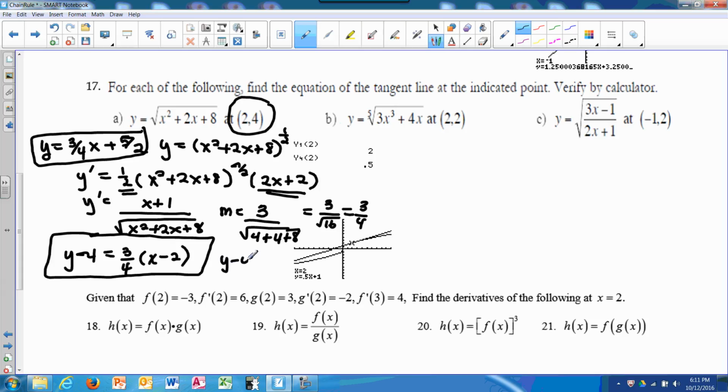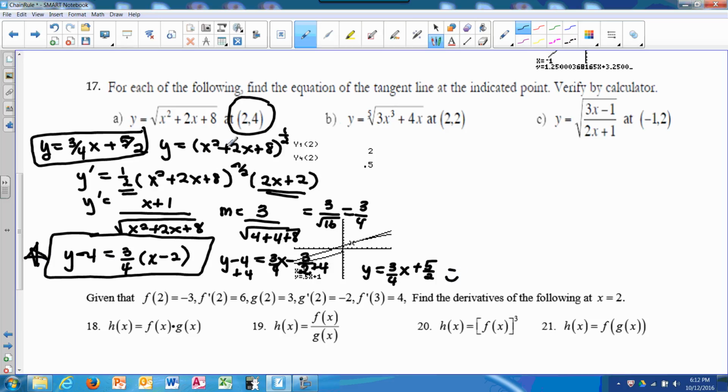So if I were to write my tangent line, y minus 4 equals 3/4, parentheses, x minus 2, using point slope form. Now if this was my FRQ, I would leave it in that format. If I'm just checking my answers with the calculator, I could distribute to get 3/4 x minus 6/4, or 3/2.